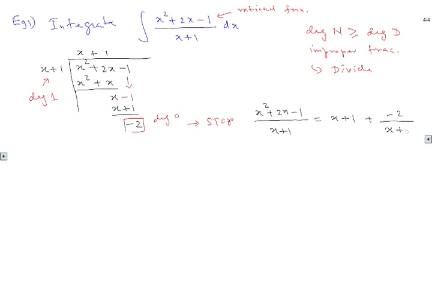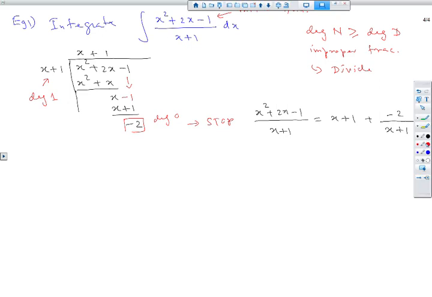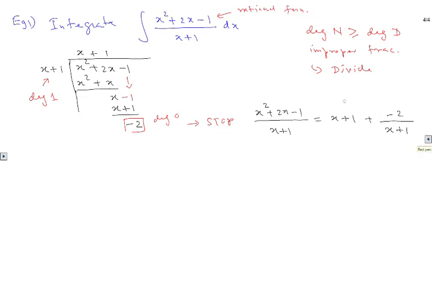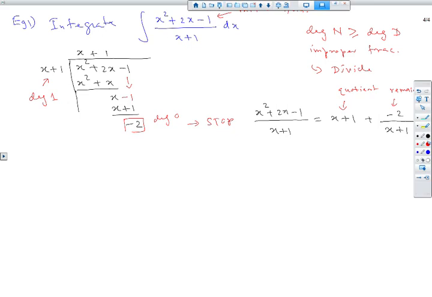The divisor is x plus 1. So this is how we write it, the quotient and the remainder. That's the quotient, and this is the remainder.